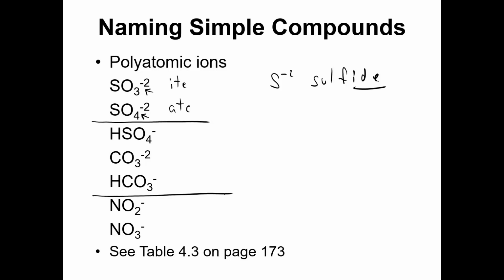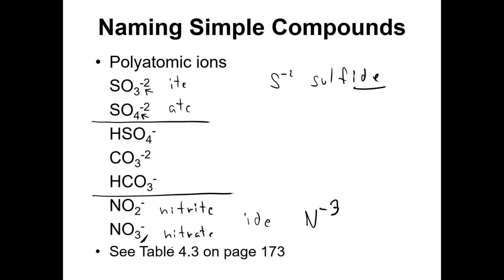We see the same thing here for nitrate and nitrite, right? So this is nitrate. That's the maximum number of oxygens, and here we have nitrite. And then, of course, nitride, IDE, would just be N minus 3, a single element.